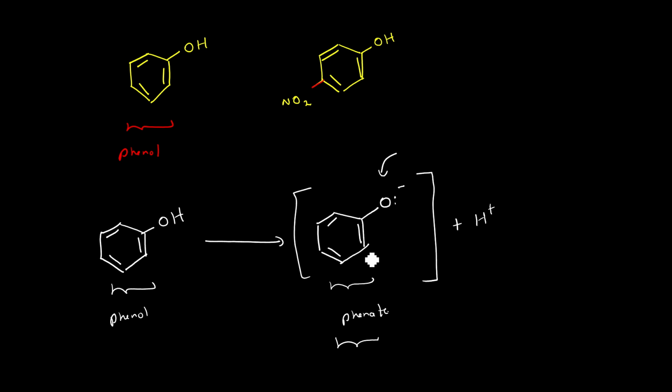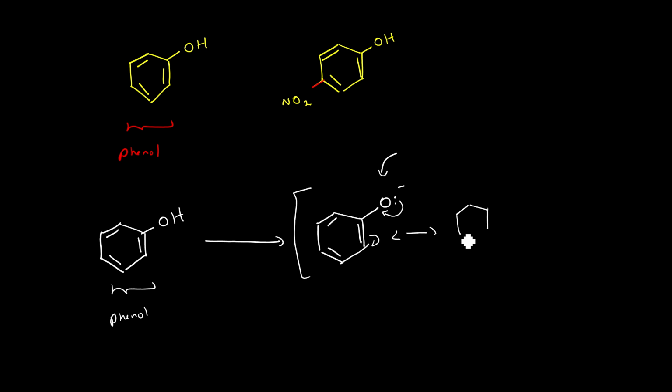In these phenols we can draw resonance structures. So let me draw the resonance structures for you. You can draw resonance structures for this anion. You can move this here and move it here.